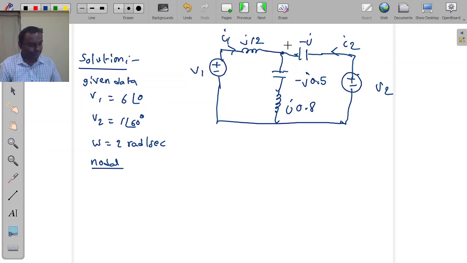This is the node voltage at node A. This is the reference we have taken.